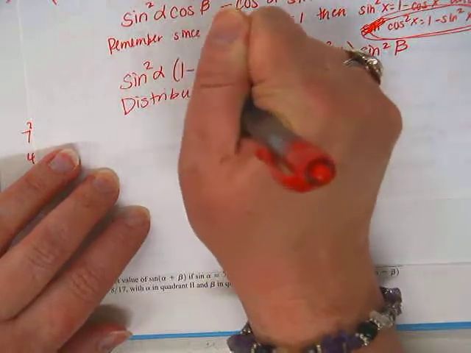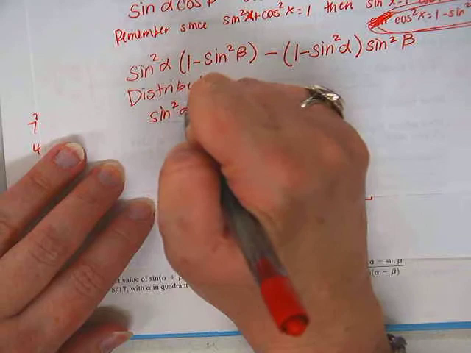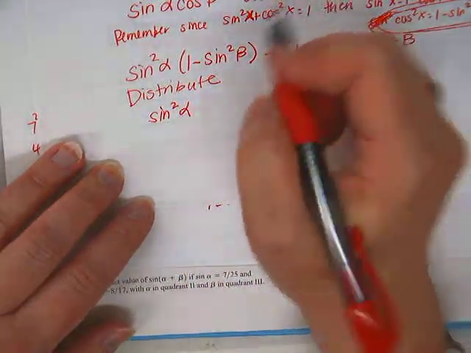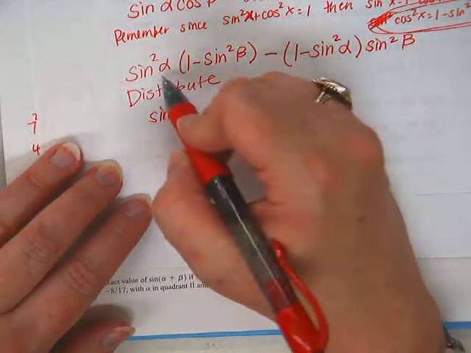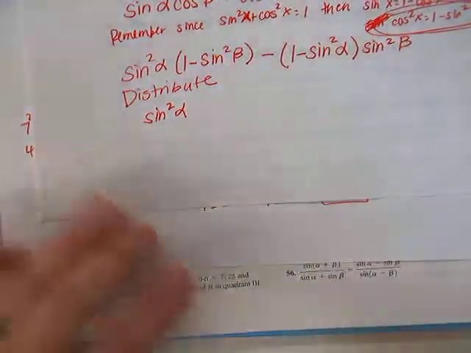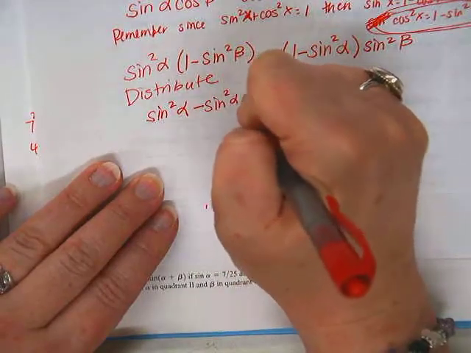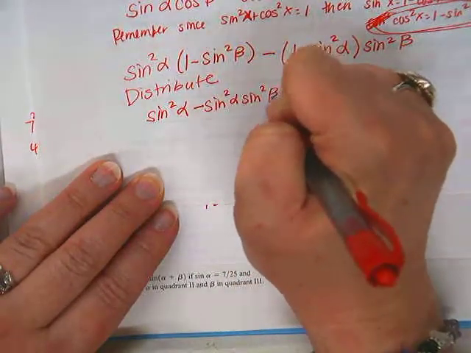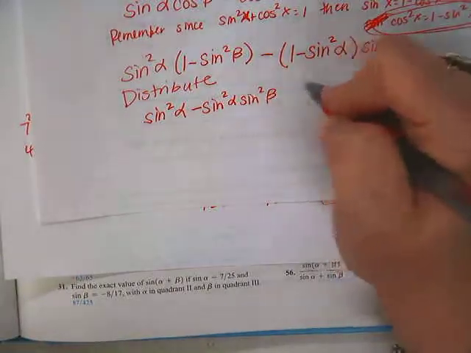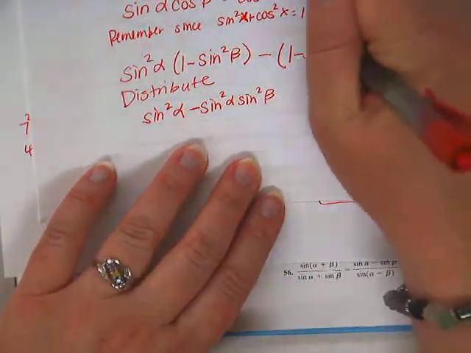Should we distribute this and then distribute this? I'm thinking distribute. Okay, so sine squared alpha times 1 is sine squared alpha. And sine squared alpha times sine squared beta is a negative sine squared alpha sine squared beta.